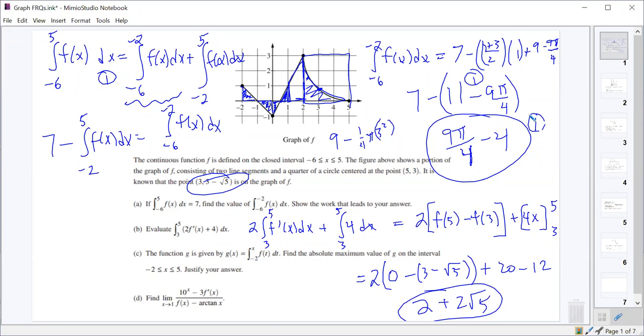And then here, recognizing that the integral of f prime was f from 5 to 3 was a point, and the final answer was a point. So 5 points total from A and B. Any other questions there on A or B?